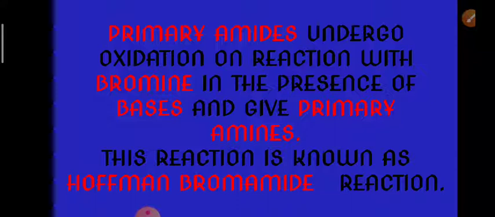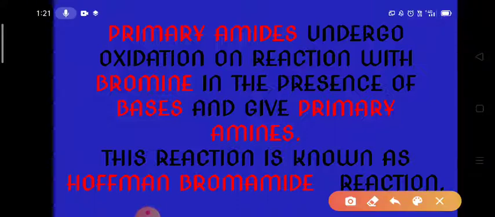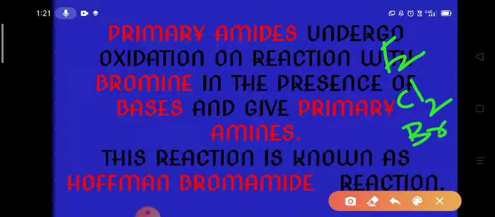So here we can use any of the halogens, and we know very well what halogens are. Halogens are fluorine, chlorine, bromine and iodine. These nonmetals are known as the halogens.